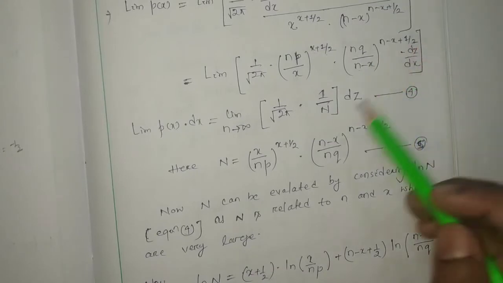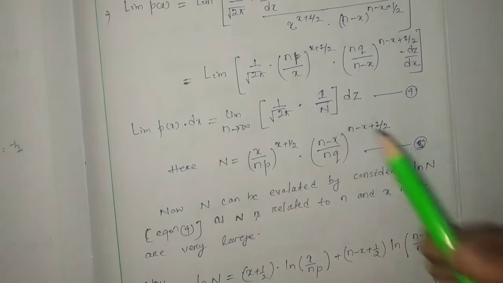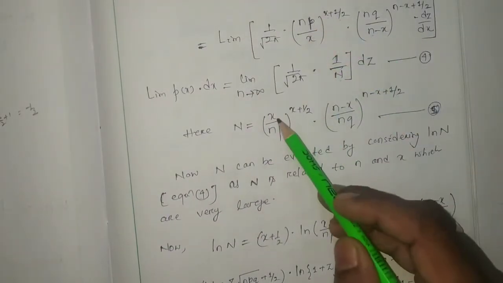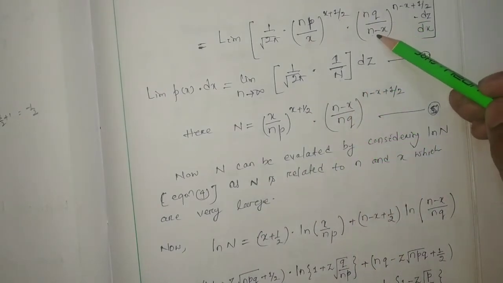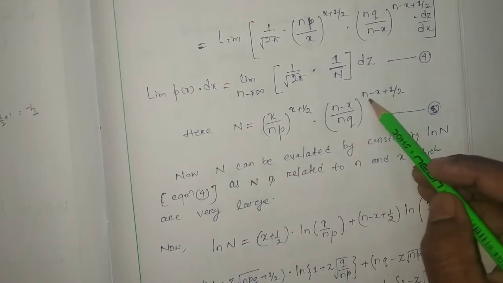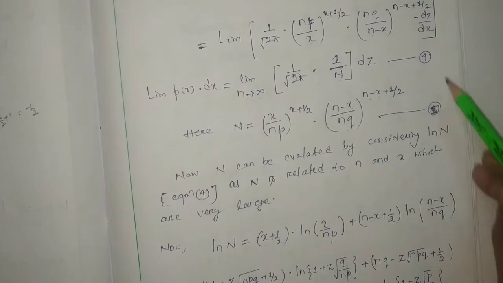So 1 by N means N will obviously be the reverse of this, that is x by np to the power x plus 1 by 2 times n minus x by nq to the power n minus x plus 1 by 2. Let this be equation number 4, and let this be equation number 5.